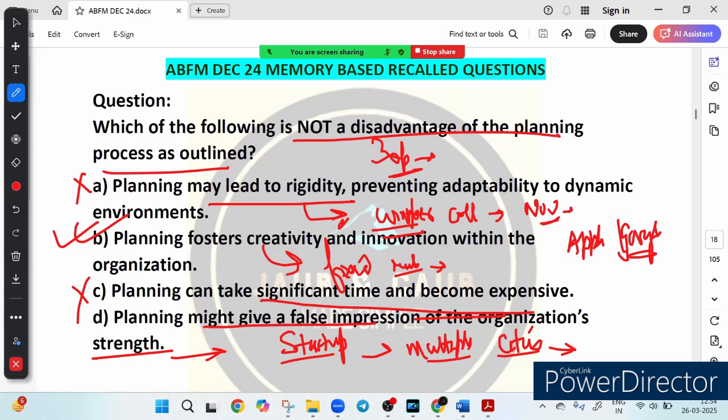So if the planning is not realistic, it can mislead the company into making bad decisions. So this is a disadvantage. What we learned from this discussion is that planning has some disadvantages like rigidity, being time consuming and expensive, and giving a false impression of strength. And what about creativity and innovation? This is not actually a disadvantage, right?